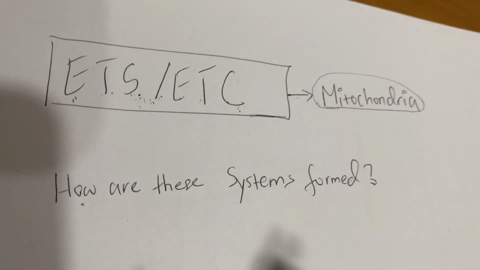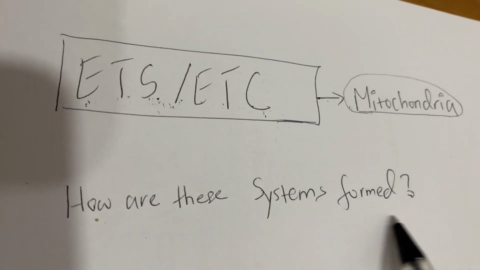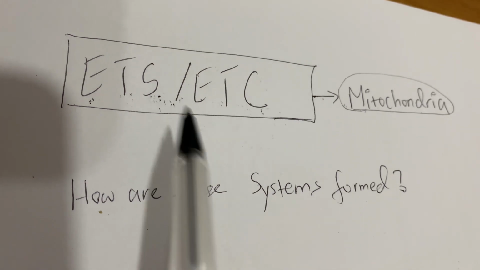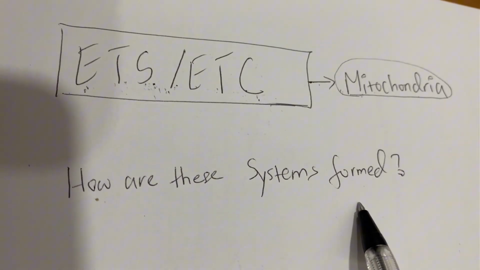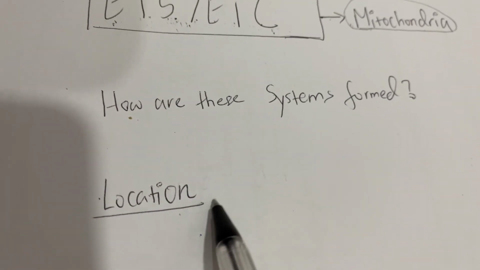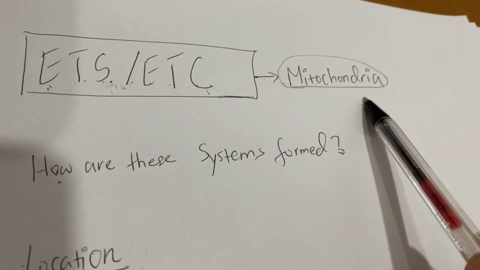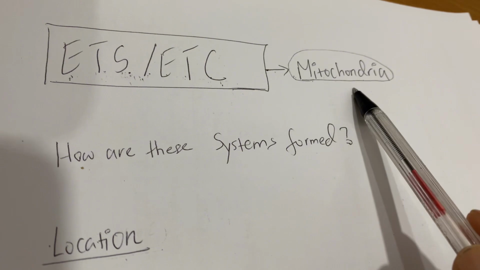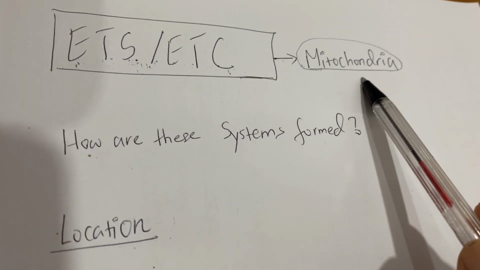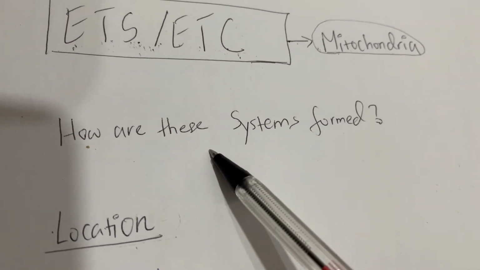So, firstly, get yourself familiar with how these systems are formed, and then be aware of their location. Of course, it is in the mitochondria, but remember, mitochondria has many compartments, isn't it? So you have to specify the location.